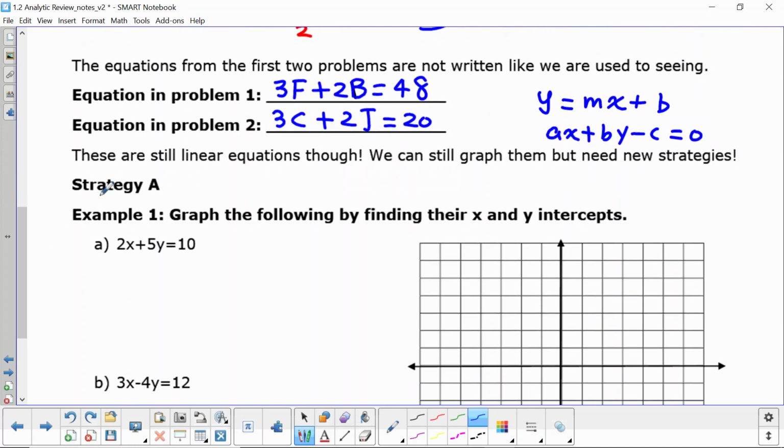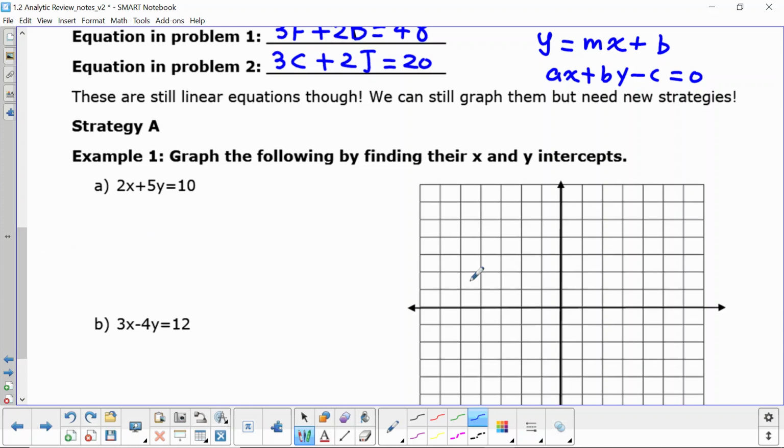So when we have something in this form, when we are graphing, we have two strategies to graph. One is finding the x and the y-intercept. So x-intercept means a point on the x-axis. On the x-axis, all the y values are 0.